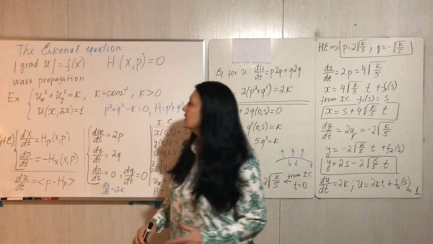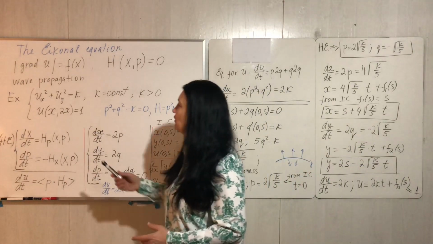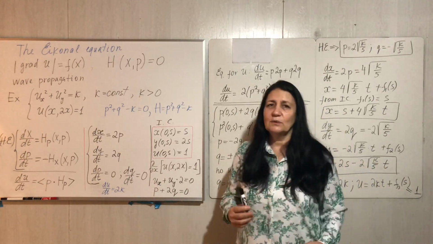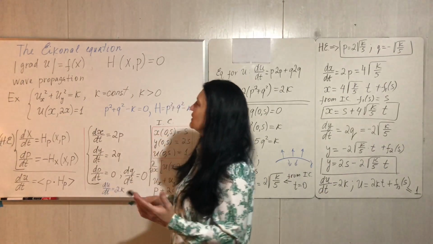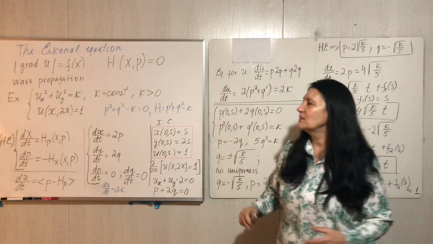So now let's consider another example. Let's discuss the eikonal equation. This equation is related to wave propagation and to propagation of light, so it's related to optics and serves as a connection between waves and geometric optics.